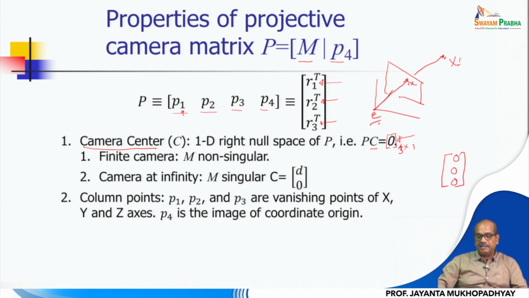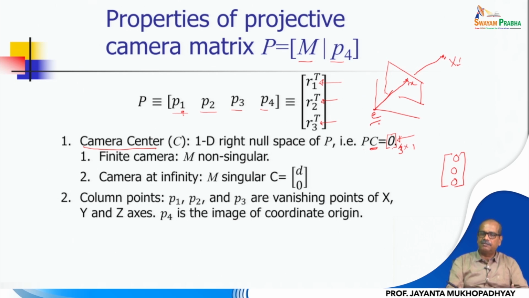This is a singularity, and since this is a 0 vector, this C is a right null vector, because for any matrix, if this is true, then that becomes a right null vector. What the dimension of the null space should be depends upon the rank of the matrix. You can read the linear algebra, a very interesting subject.